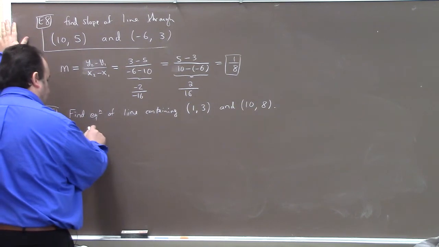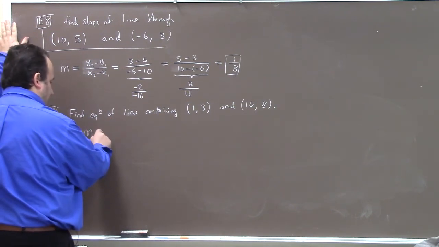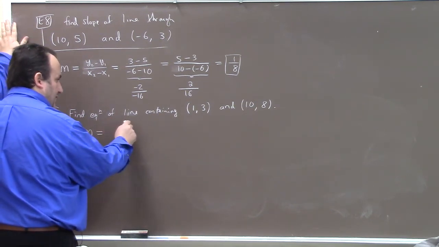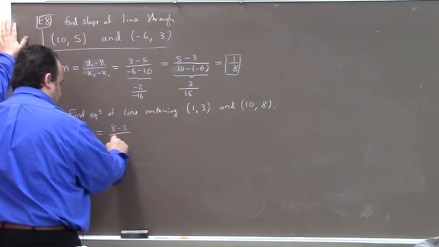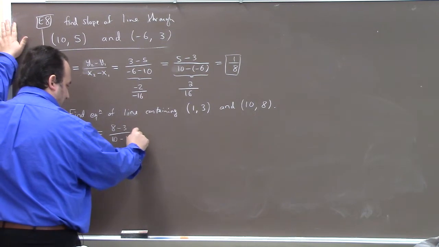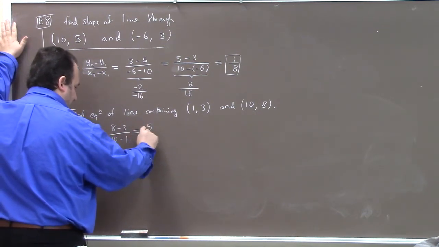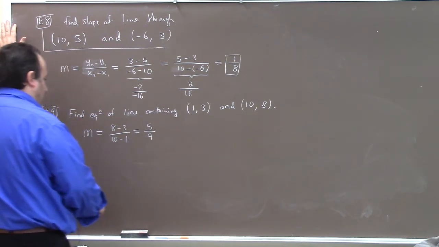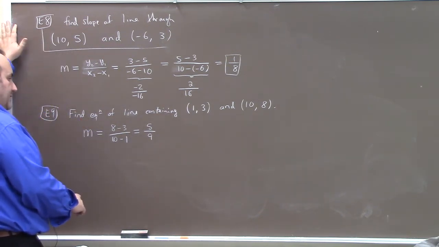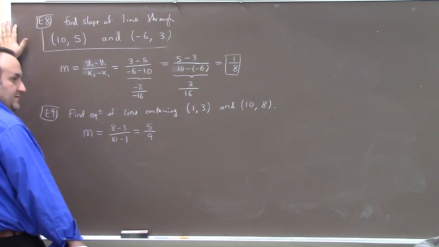Okay. So find the slope first, you said. So we'll do what? 8 minus 3, right? Over 10 minus 1. So the slope looks like 5/9, right? And then what? Slope is 5/9.